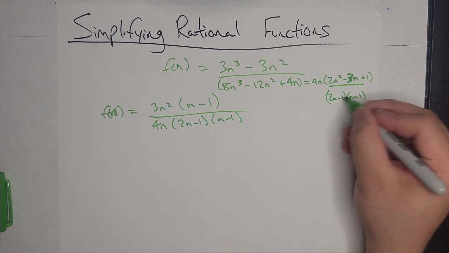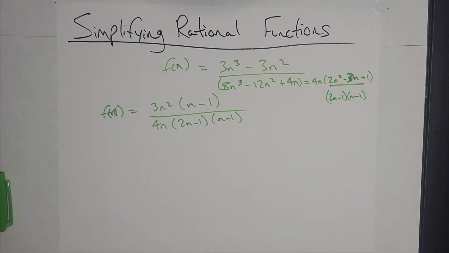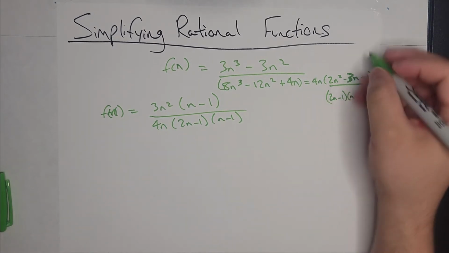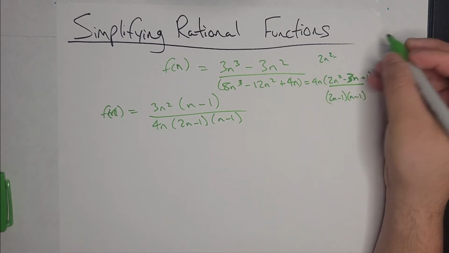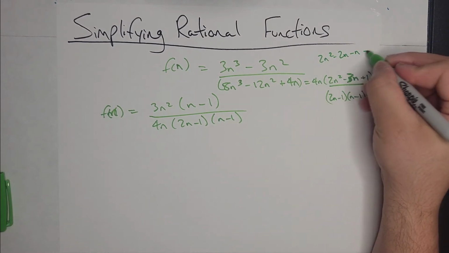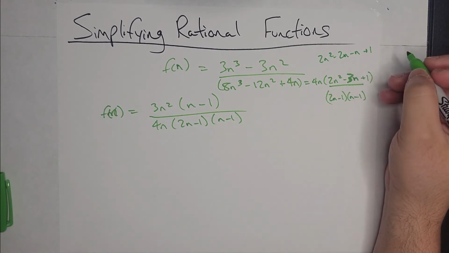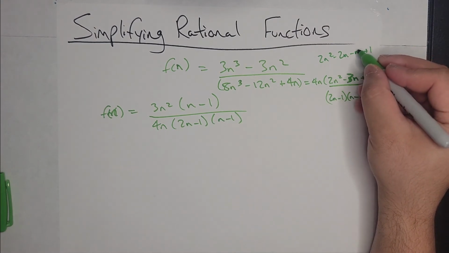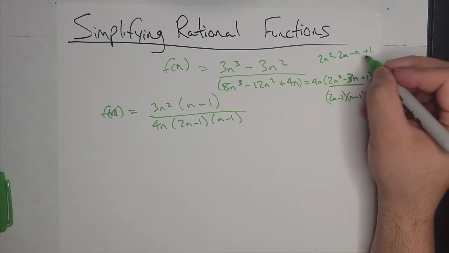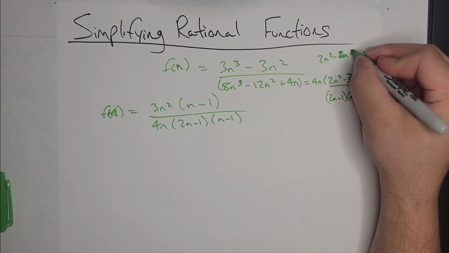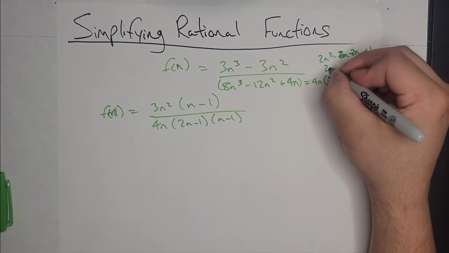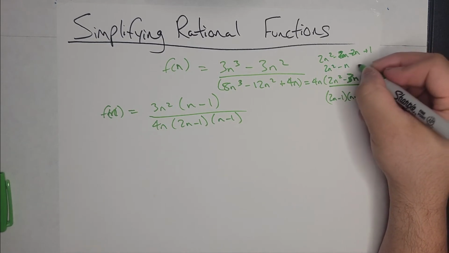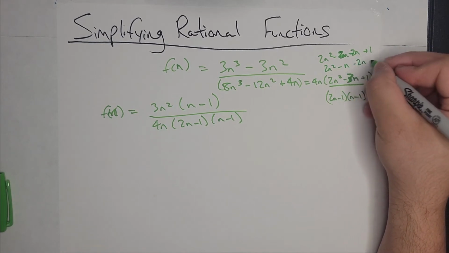2n squared minus n minus 2n. And yeah, that's that. The full way to do this in steps would have been 2n squared minus 2n minus n plus 1. No, hold on. Nope, sorry. Other way around. 2n squared minus n minus 2n plus 1.